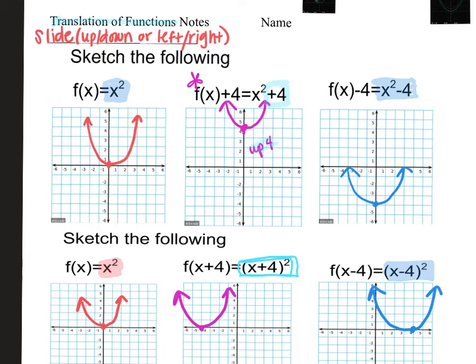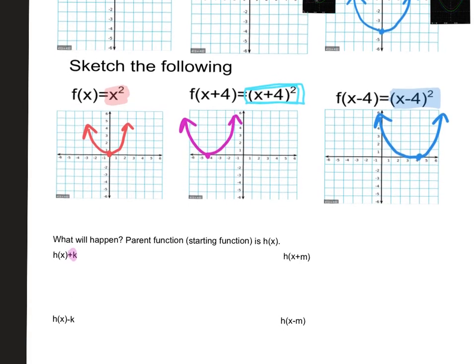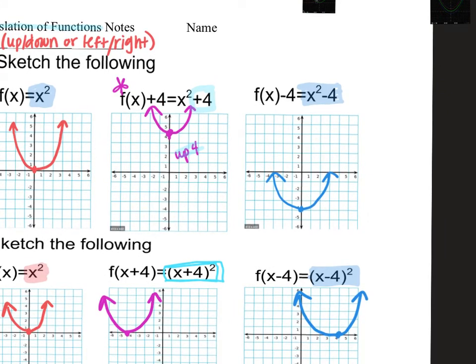So let's go down to our notes section, and it says what happens when we have the plus k on the outside. It looks like our function goes up k. So k can be any number, but the biggest thing is to make sure that our function goes up. Now, if we see a minus k, let's go to the very top of our graph over here on the top right.